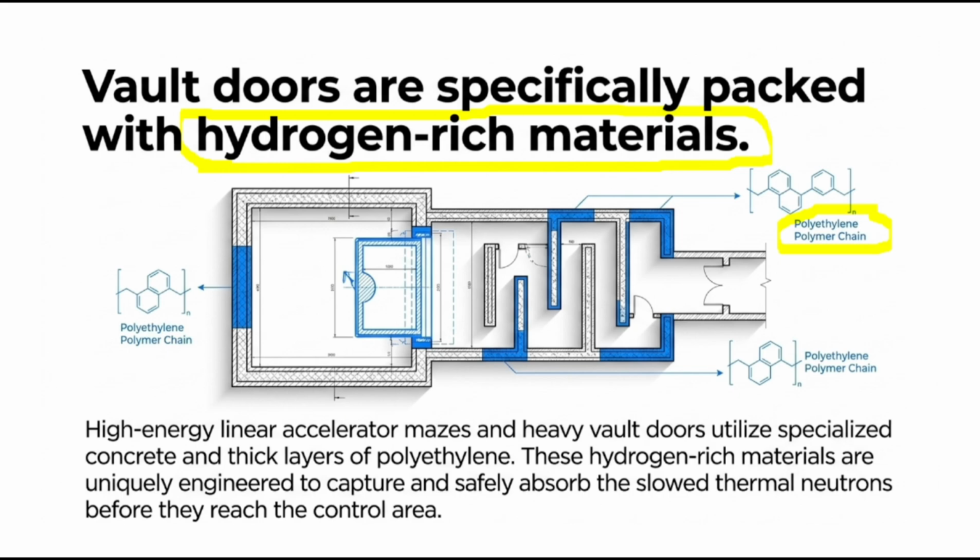This rapidly slows them down. They become weak thermal neutrons. Once they are slow, they are easily captured. They are safely absorbed by the shielding. This specific engineering stops the deadly neutron swarm. It stops them before they can ever reach your control area.